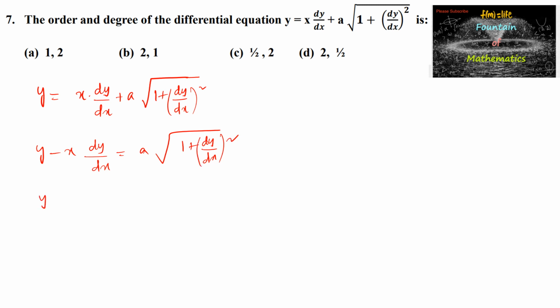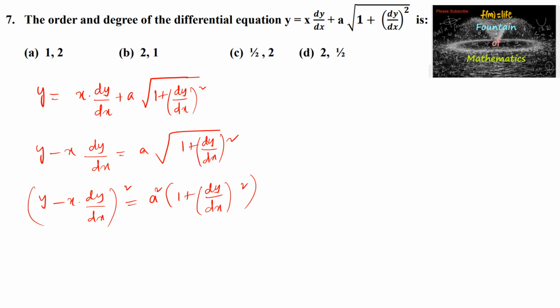Squaring on both sides, we can write (y - x dy/dx)² = a² (1 + (dy/dx)²).